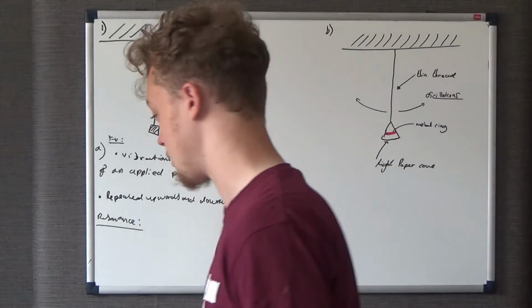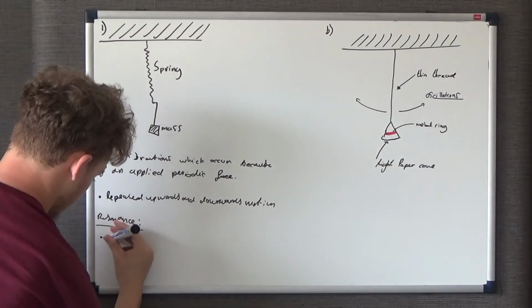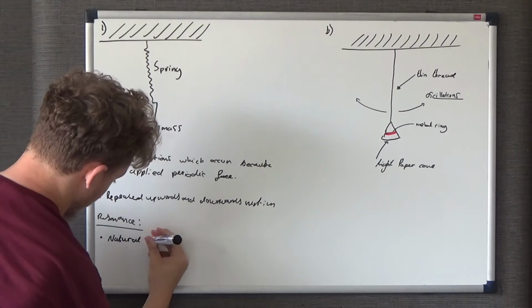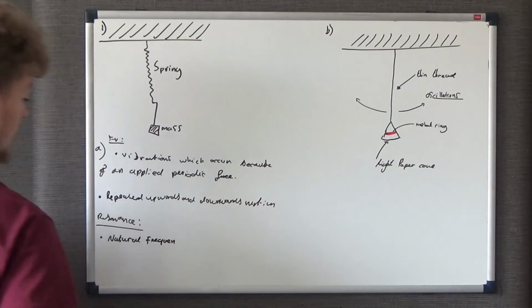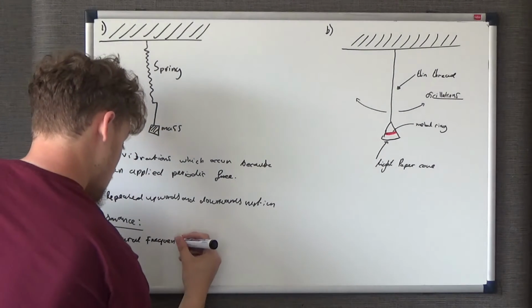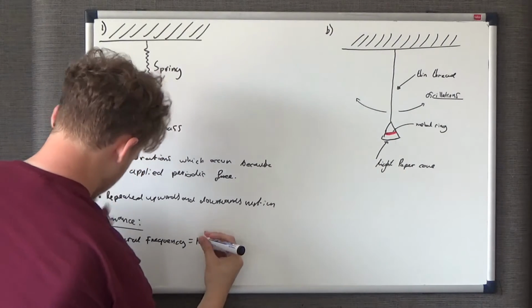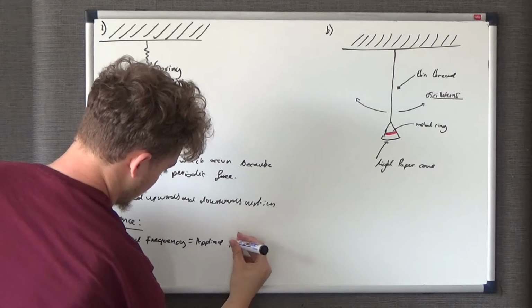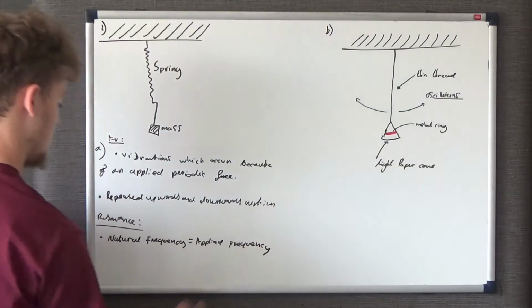The thing to state about resonance is that it occurs when the natural frequency is equal to the applied frequency, which relates to forced vibrations. Applied frequency and forced vibrations are very similar.